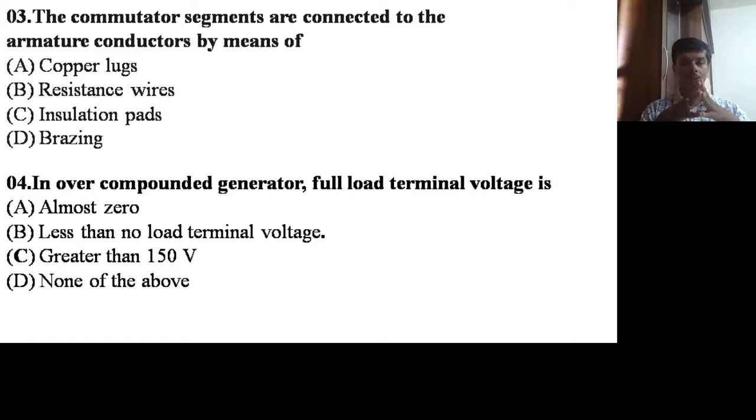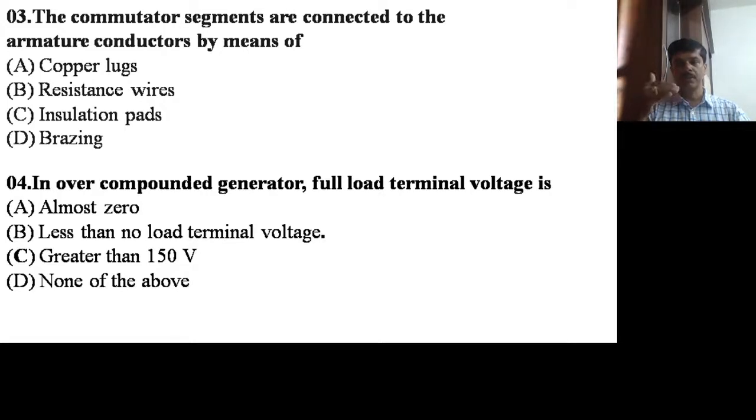In an over compounded generator, full load terminal voltage is: almost 0, less than no load, greater than 150, none of the above. Suppose we assume the normal voltage will be 150. So that means that is the reference value. Over compounded generator means it is a cumulatively compounded generator.